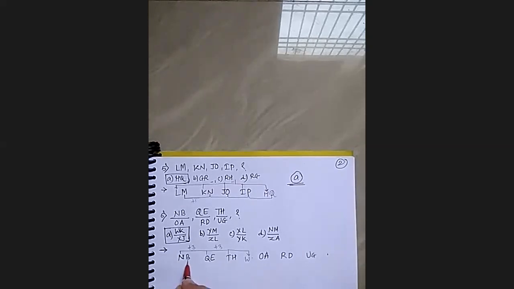Now this one, B plus something is E, plus something is H, plus something will be the second letter of your answer. So how much is the difference between these two? So B plus 3, again 3 is E, E plus 3 is H, H plus 3 will be, no doubt, K. So your numerator is WK.